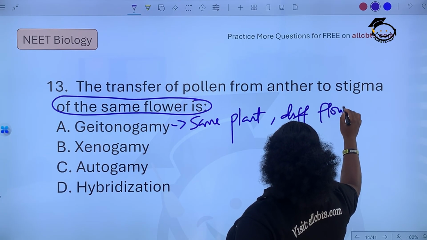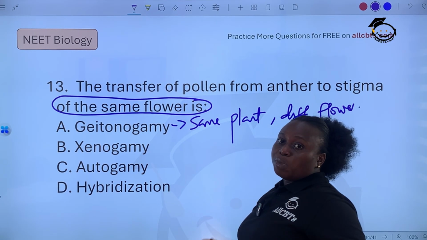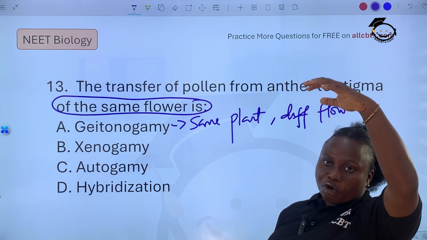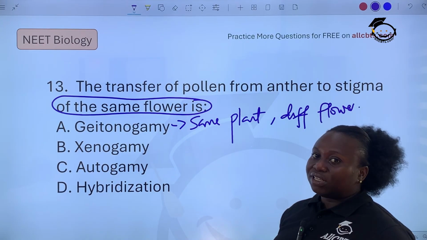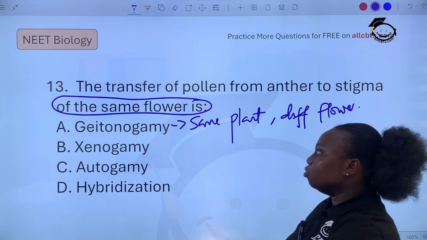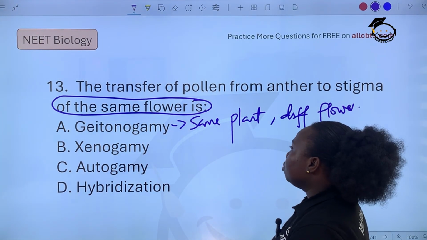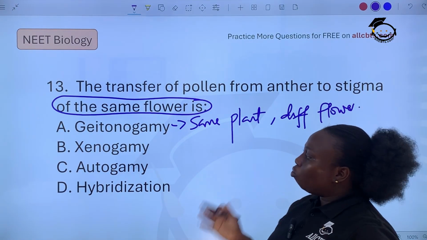Let's say the pollen grains of one of the flowers that are up above just drop, maybe because of rain or something like that, to the one below on that same plant. That is what we call gaetonogamy.